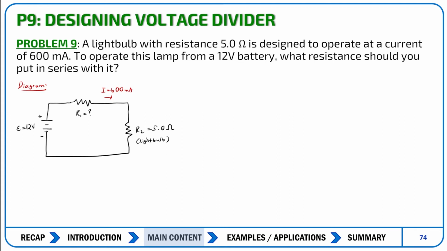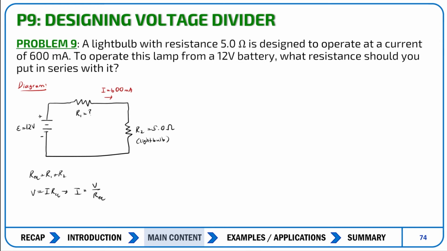Now to solve, resistors in series are going to add directly. So that means R equivalent is equal to R1 plus R2. With a steady current, we know that V is equal to IR, which means I is equal to V over R, and that's going to be the equivalent resistance.